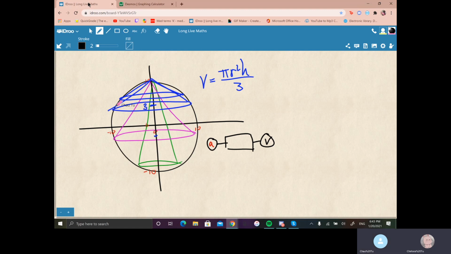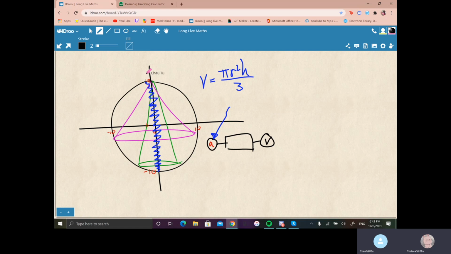If A is 0, it would be right here, and that would give us this cone here. The clever part is in setting up this variable that can allow you to scan through the whole system, because A can vary up here, down here, all the way up here.